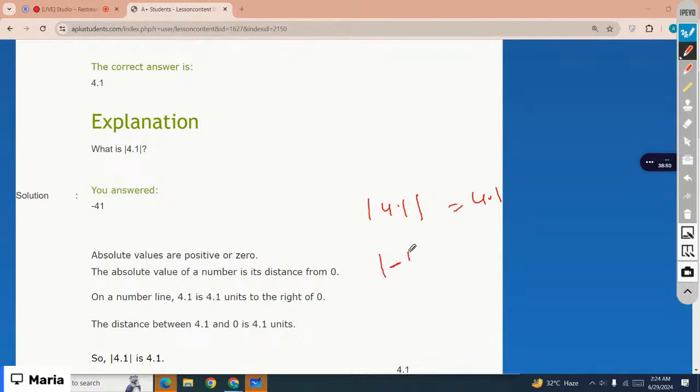If you are given a negative number like this, you need to calculate the absolute value of negative 4.1, right? So the absolute value of negative 4.1 is 4.1.